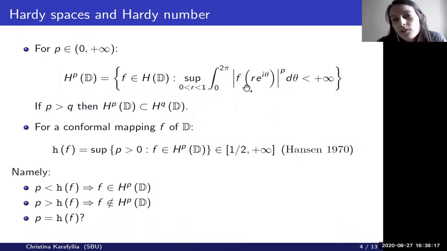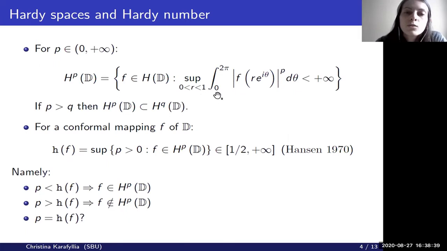So we take the values of the function f on every point of the circle with center at 0 and radius equal to r. Then we integrate and we take the supremum over r. And we are actually interested in what happens when r tends to 1.